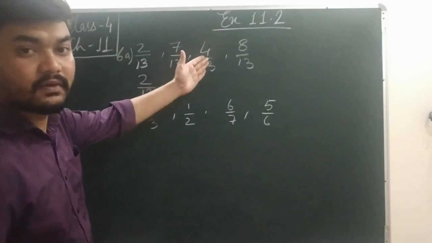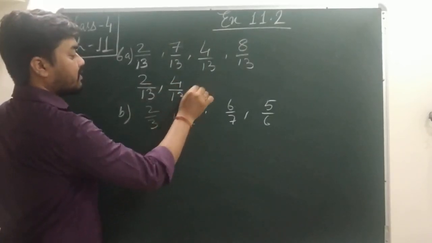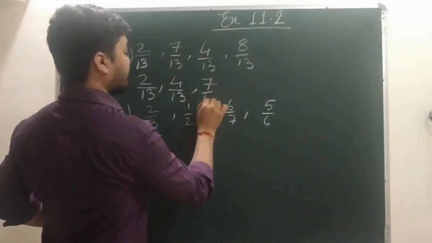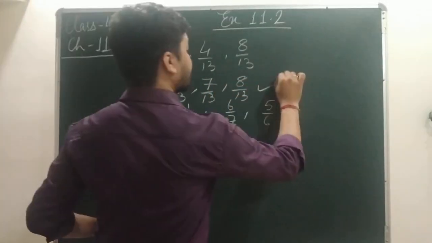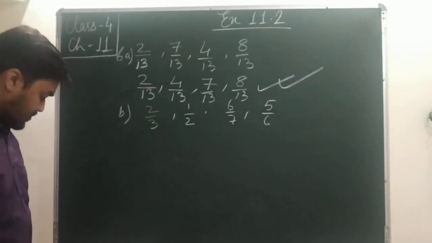Next 4 by 13. After that 7 by 13. And the last is 8 by 13. So this is your answer. We have arranged it, okay?